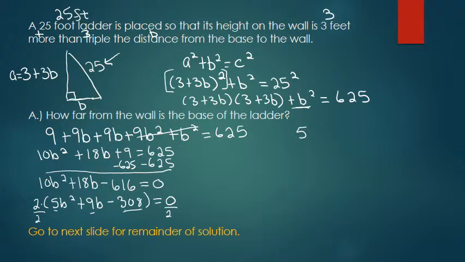So I get 5 times negative 308, which equals negative 1,540. So I need to create the middle term of this quadratic by finding factors of negative 1,540 that add up to 9.